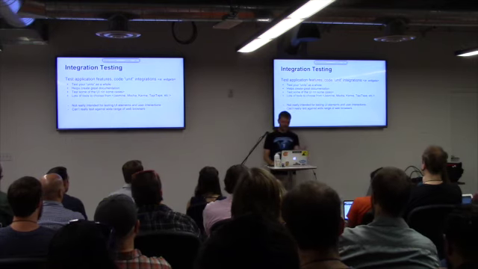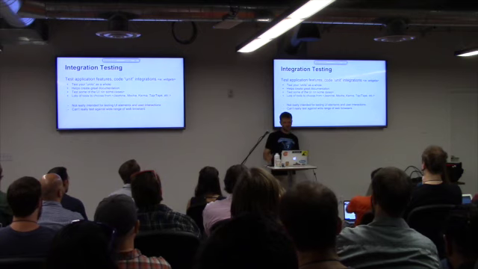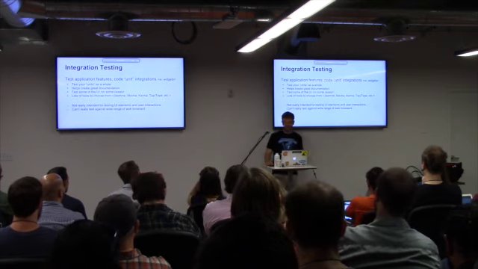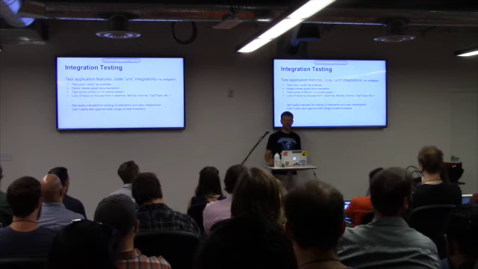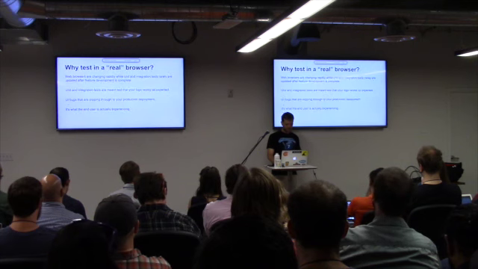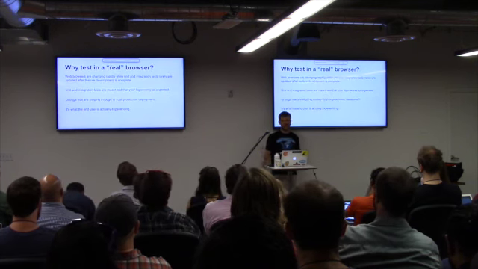And again, with integration testing, you have this rich tool set. A lot of the same things that work for unit tests work for integration tests as well. But again, it's not designed for testing your UI. So to test the UI, you really need to test in a real browser.